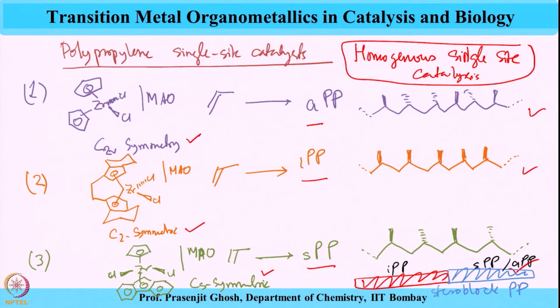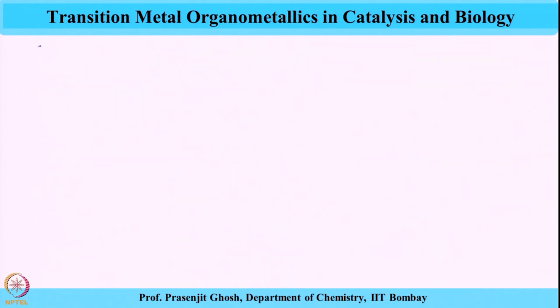So, a combination of two different chains of any of this type would allow formation of stereo block polypropylene. A very nice example of this is given by Professor Waymouth in 1995.